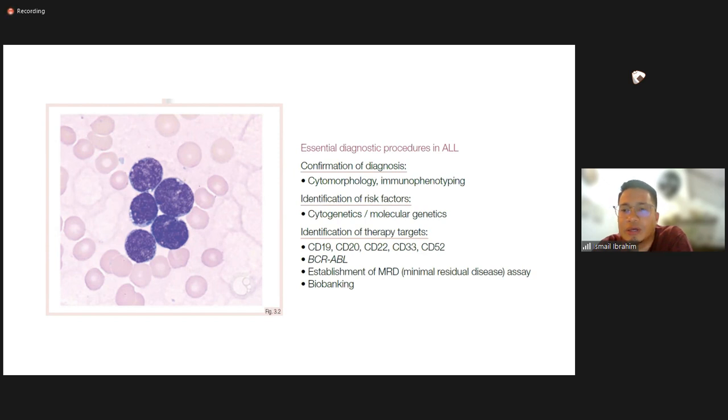And if we discuss specifically in ALL, based on the protocol that we use, they have certain ways of classifying them.